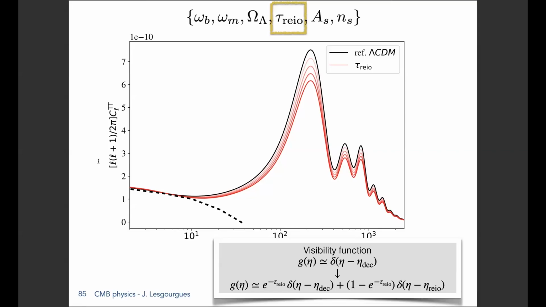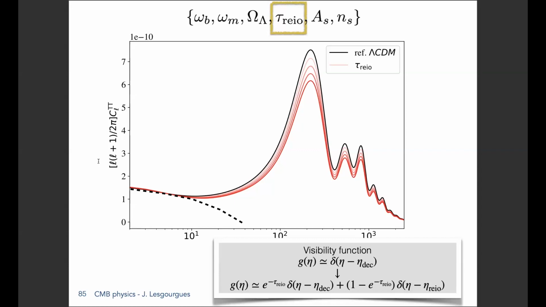Okay, the contribution from recombination is the same, but decreased by a factor exponential minus 2 tau rho. The contribution from reionization will be another spectrum that you can compute, but intuitively, because the reionization scattering sphere is very close to us, any correlation will be seen by us on very large angles. So the second contribution would have a shape which would be something like this.